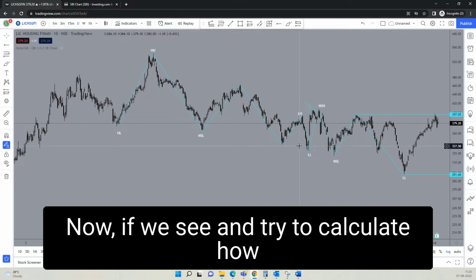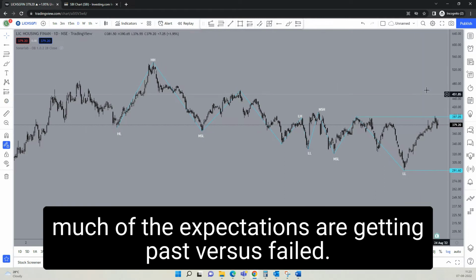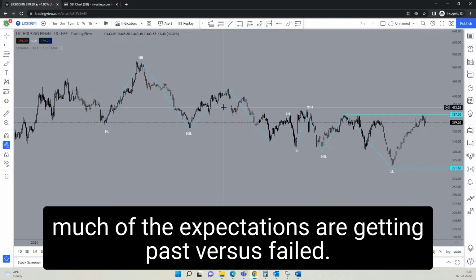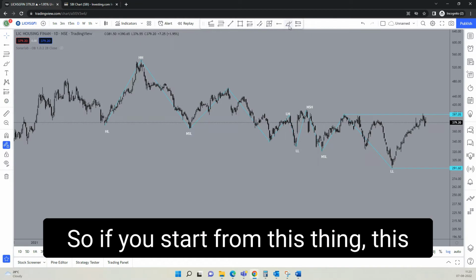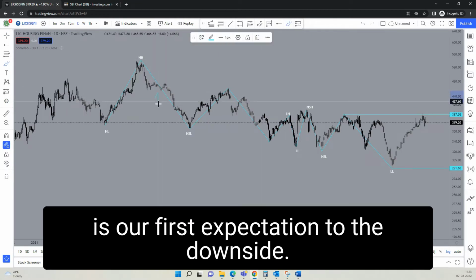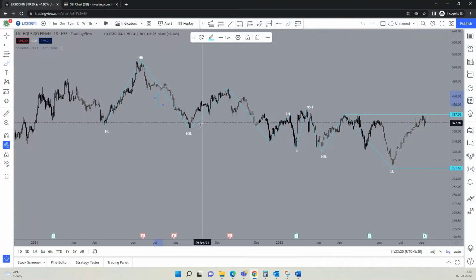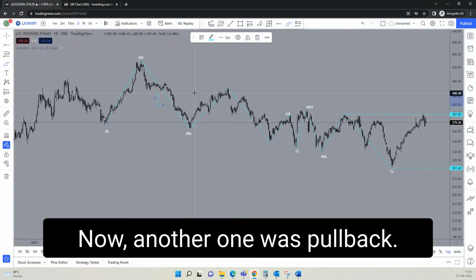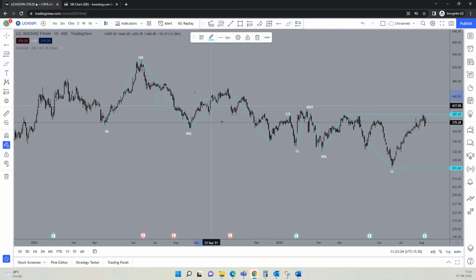Now, if we try to calculate how many of the expectations are getting passed versus failed. If we start from this swing, this is our first expectation to the downside. Another one was pullback, it has passed.